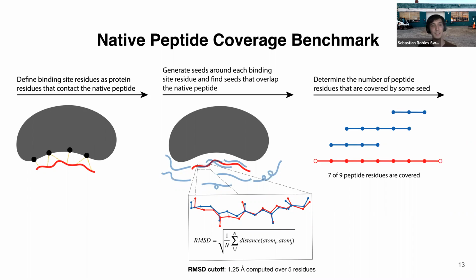It might seem a little bit arbitrary, but we explored different RMSD thresholds and also different lengths. And we found that for longer lengths, it was just unlikely to find overlaps to the peptide. And for shorter lengths, they weren't really useful for this idea of combining seeds together because we needed overlaps between those seeds. So anyways, this length ended up being sort of a sweet spot.